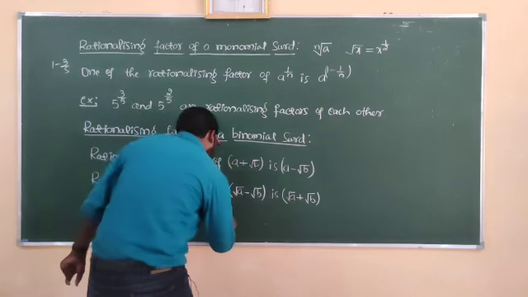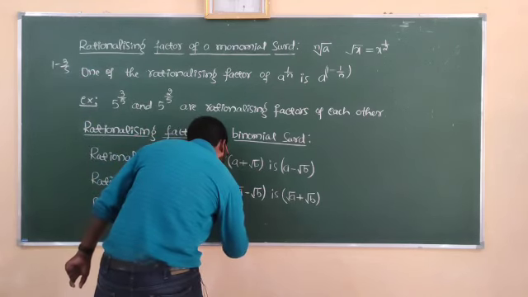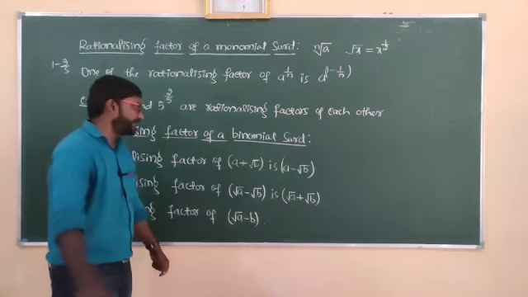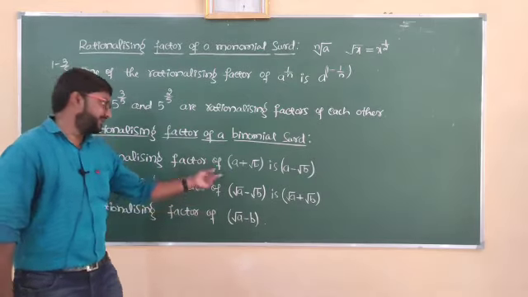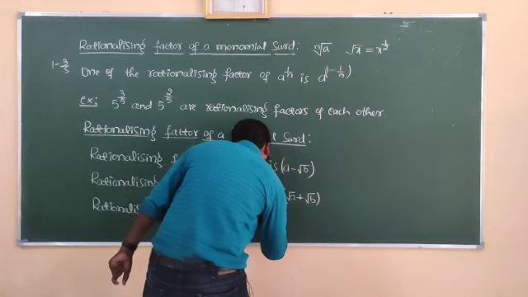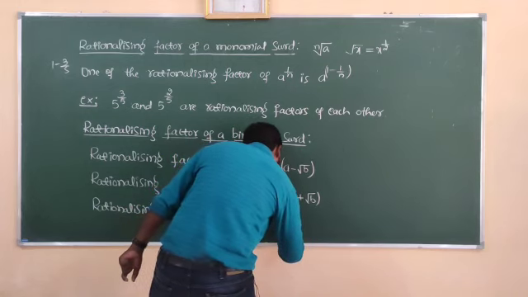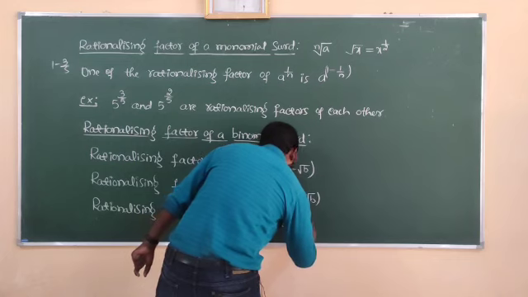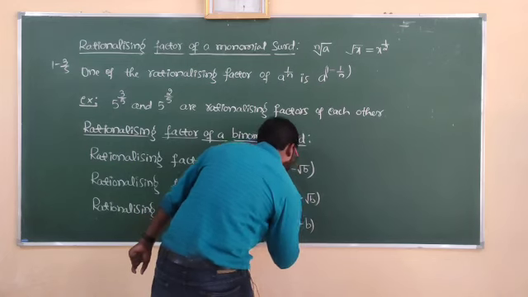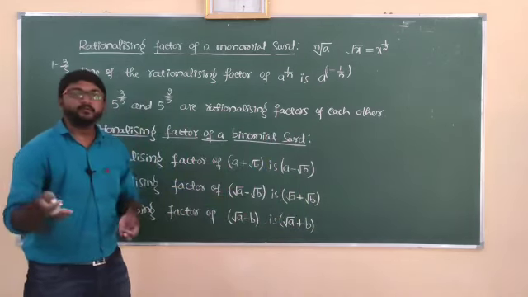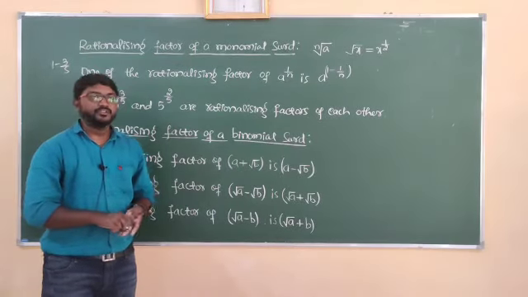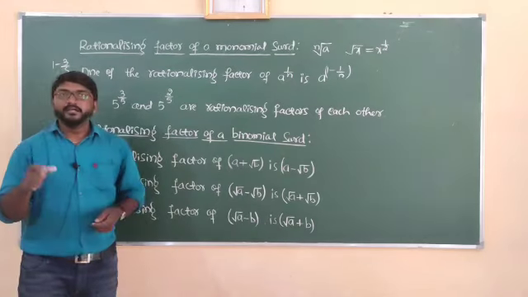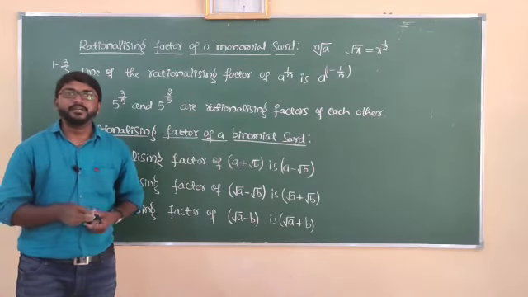Take another example: the rationalizing factor of root a minus b is root a plus b. Like this you can give many general cases. So this is all about the rationalizing factor of a monomial surd and of a binomial surd.